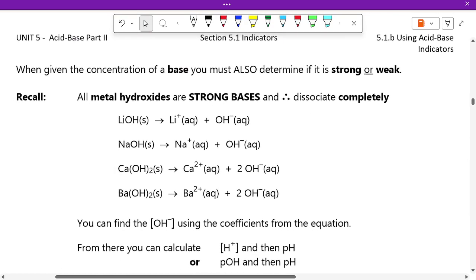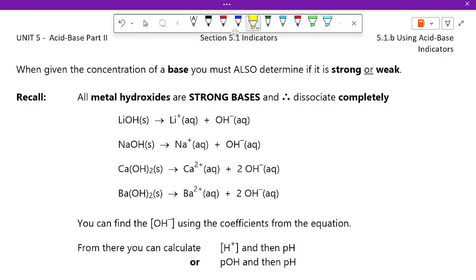When you are given the concentration of a base, you must also determine if it is strong or if it is weak. So if you remember, all metal hydroxides are strong. They're all Arrhenius bases. They dissociate completely, so we have all one-way arrows.